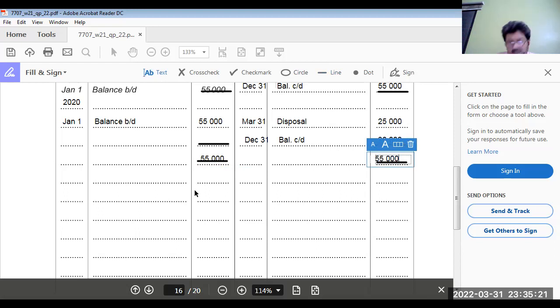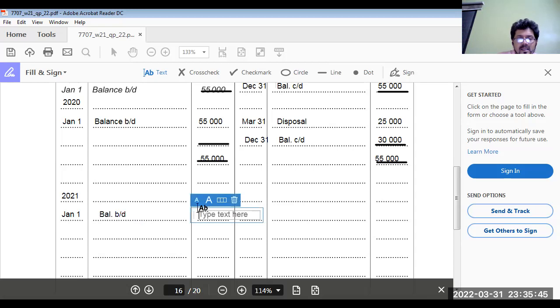Please don't forget to do this. On 2021, Jan 1, balance brought down is 30,000.